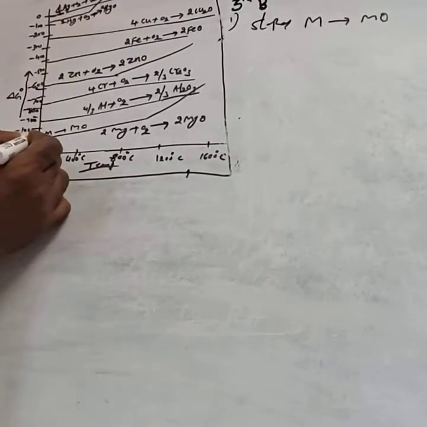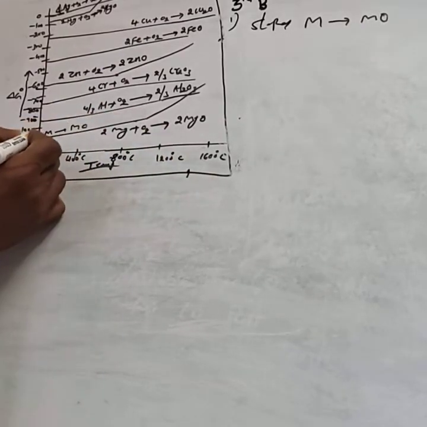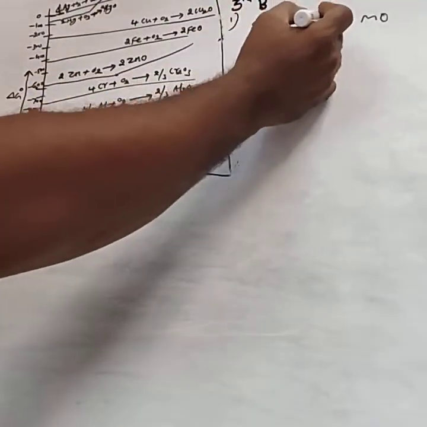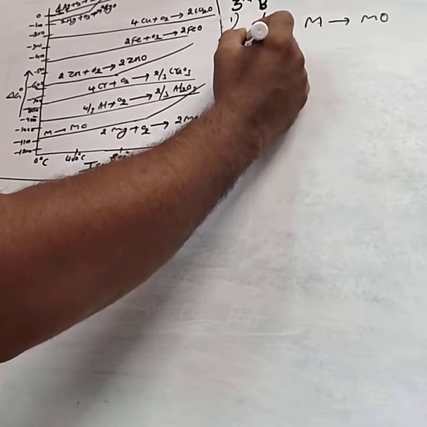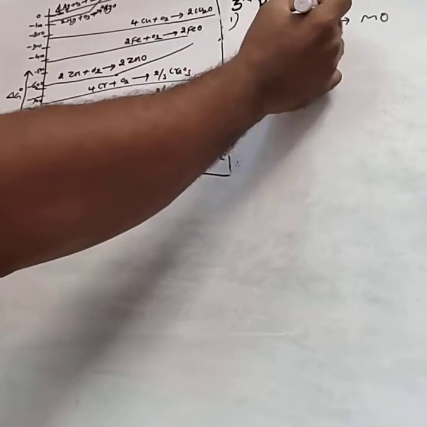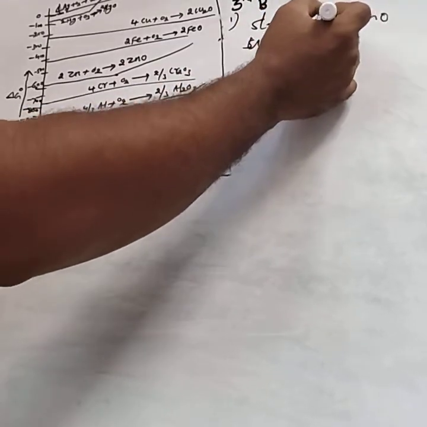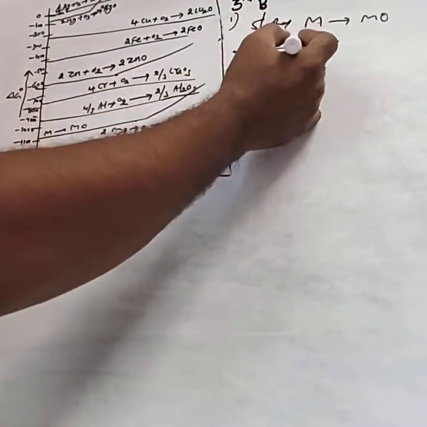The beginning of this line is taken as metal, and this portion is considered as metal oxide. The slope of the metal to metal oxide line always slopes upwards.